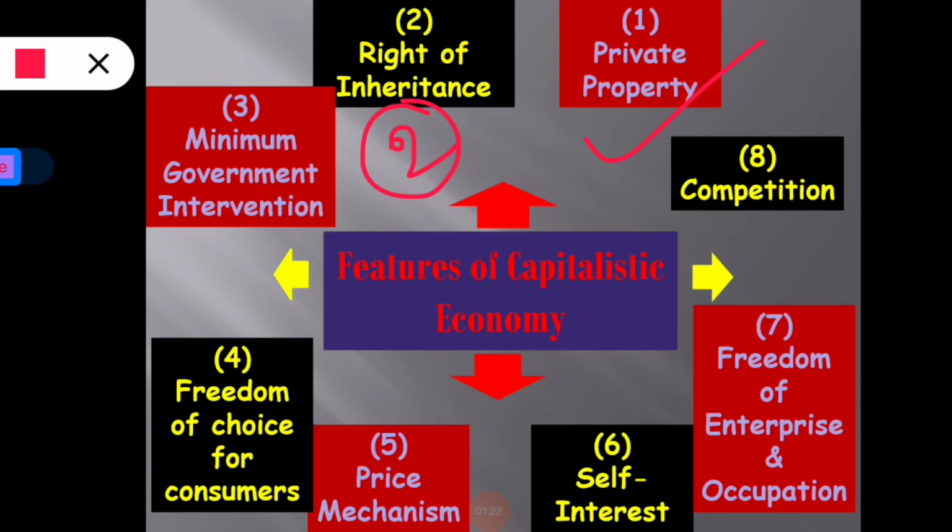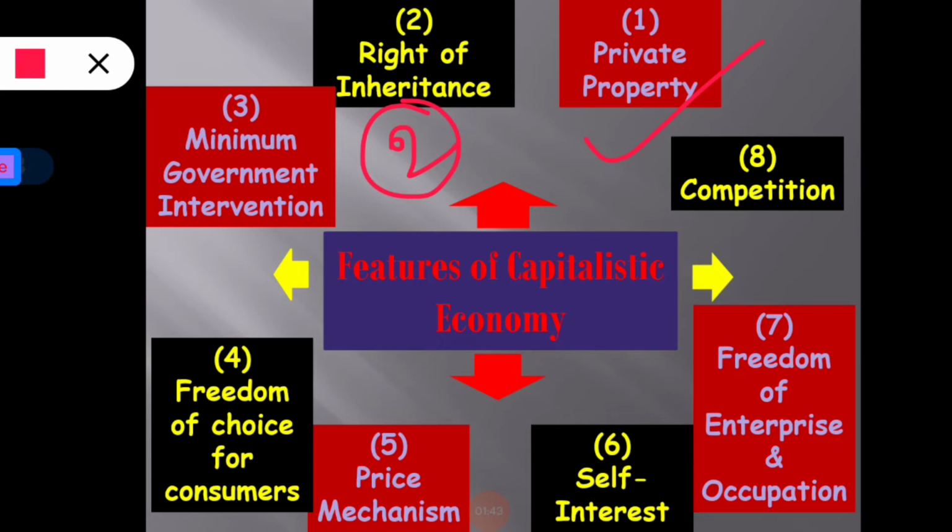Right of inheritance means the property owned by an individual can be legally passed on to his legal heirs like sons, daughters, etc. So it provides a powerful incentive to people to save and accumulate wealth.